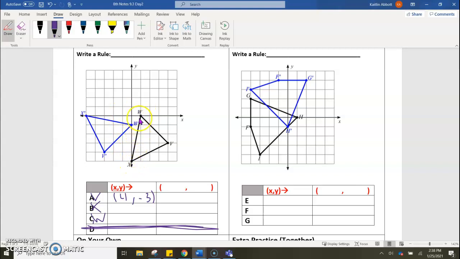X is on this axis, so my X is actually going to be 0, and how far do I have to go down? I have to go down 1, 2, 3, 4, 5, -5. And W. I have to go 1 to the right, so that's gonna be a +1, and I don't have to go up or down, so that's gonna be 0.